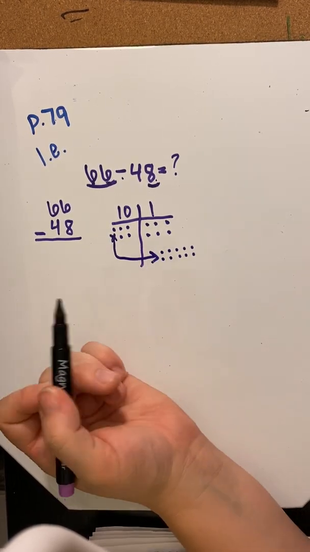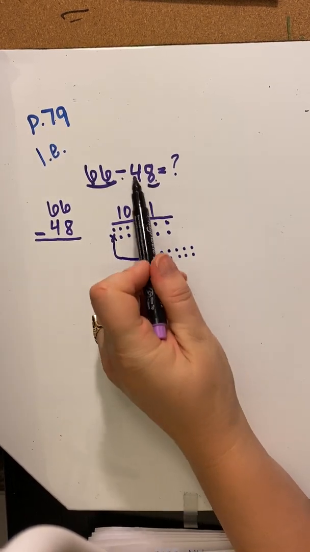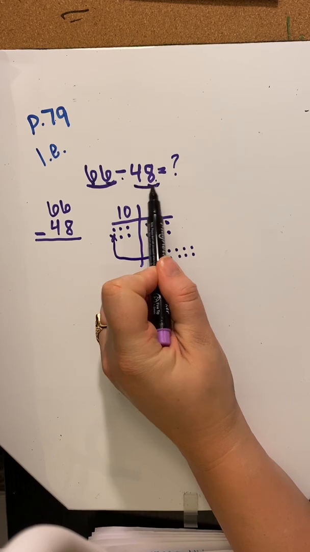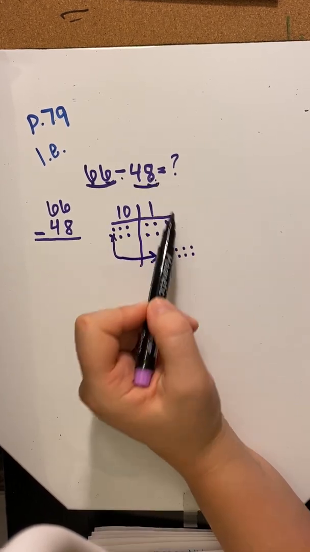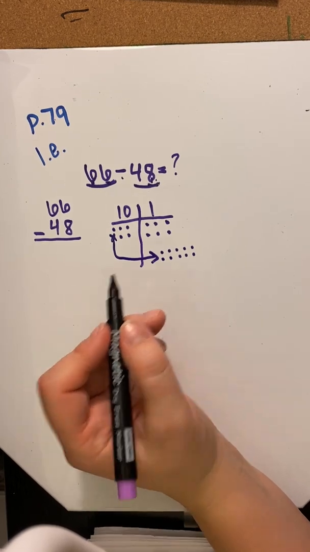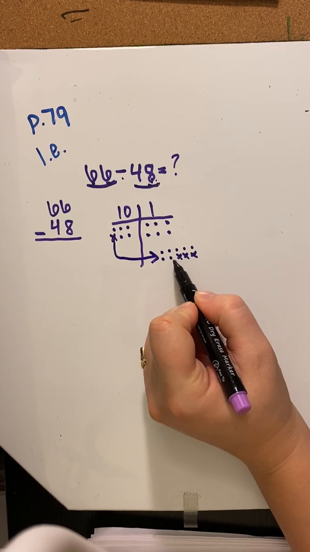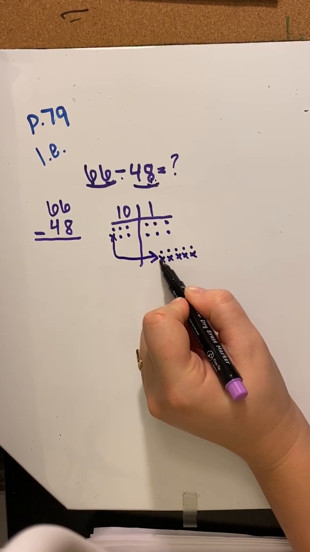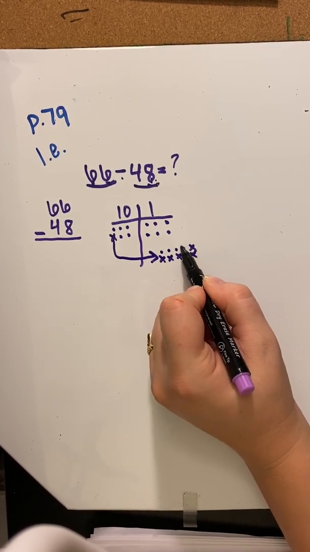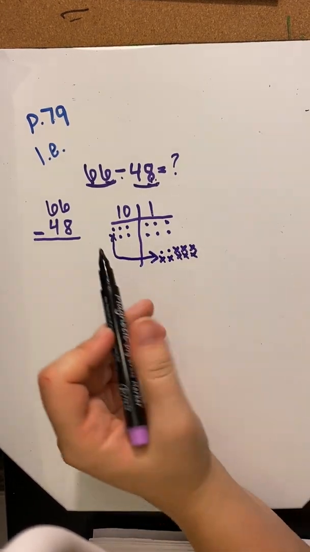Okay, so now let's go ahead and subtract, okay? So now we are going to subtract this number. And again, we're going to look at our ones spot. We have 8. We need to take away 8. Okay, so 1, 2, 3, 4, 5, 6, 7, 8. Good.